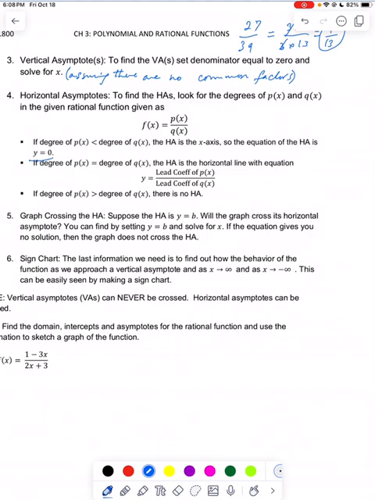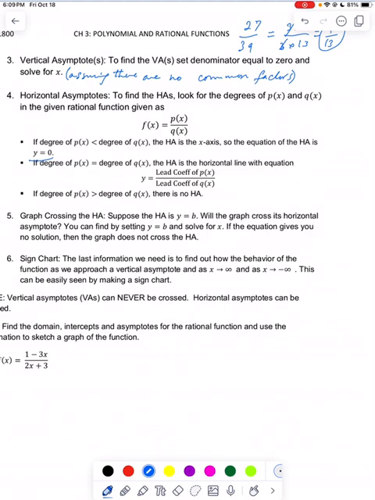There is one thing, which is the sign chart, and the other is the question: will the graph cross its horizontal asymptote? Because in rational functions there is a myth, I would say, that the function never crosses the horizontal asymptote.